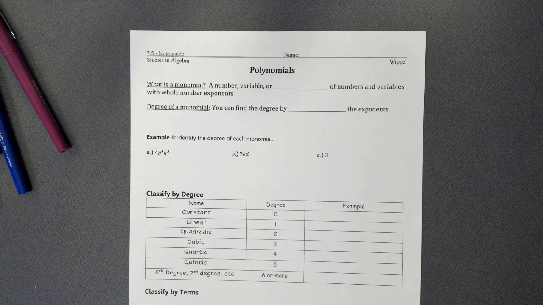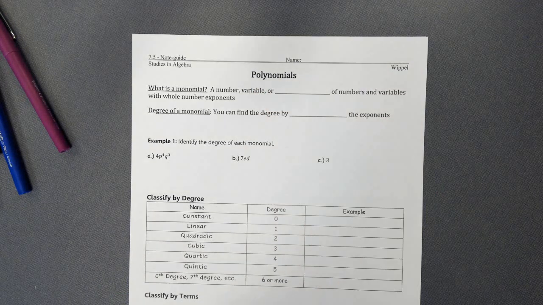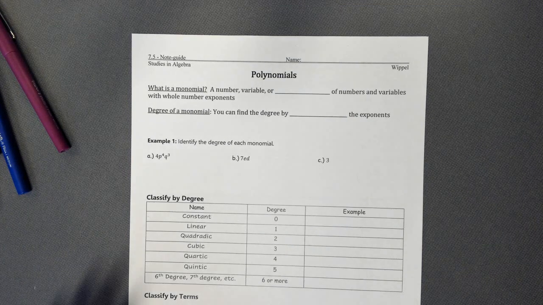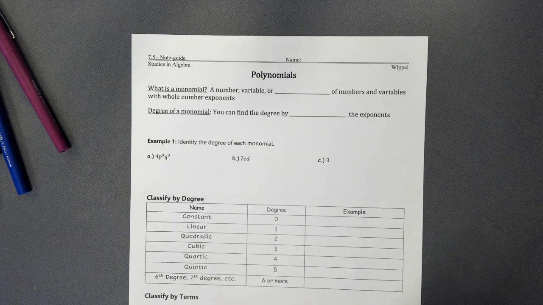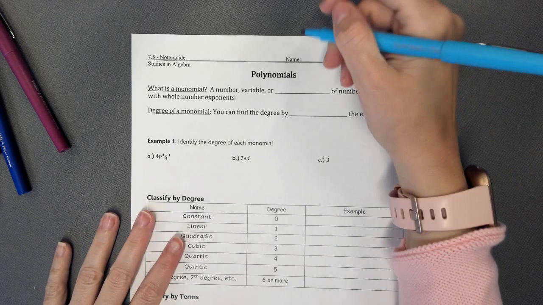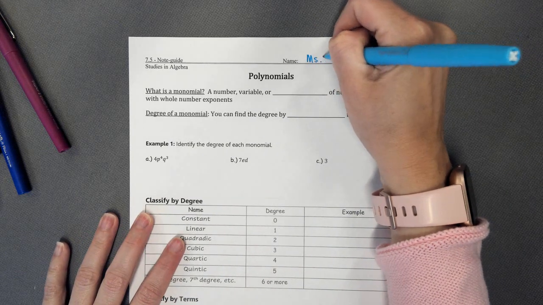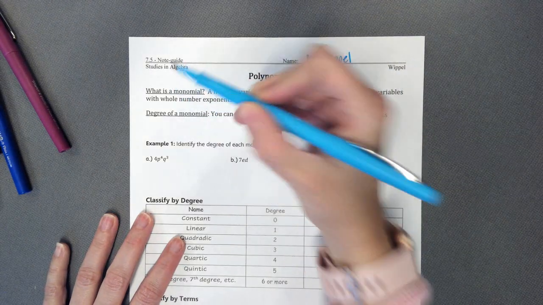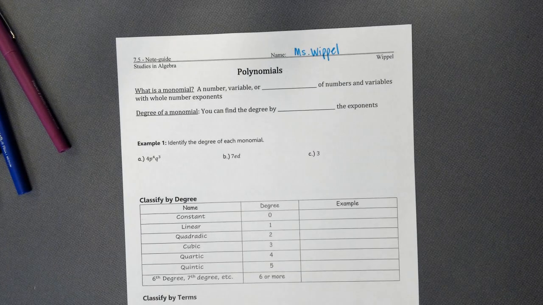Alright, so the title of this is polynomials. Polynomials cover a lot of different equations, okay? The first type we're going to talk about is called a monomial. Do you know what the prefix mono means? One.